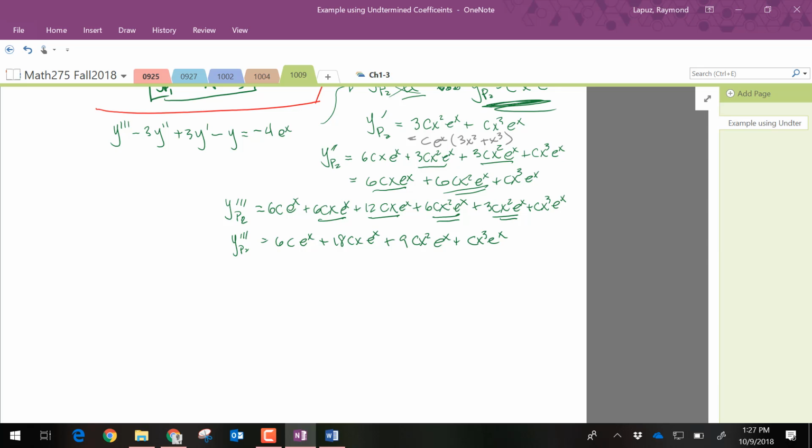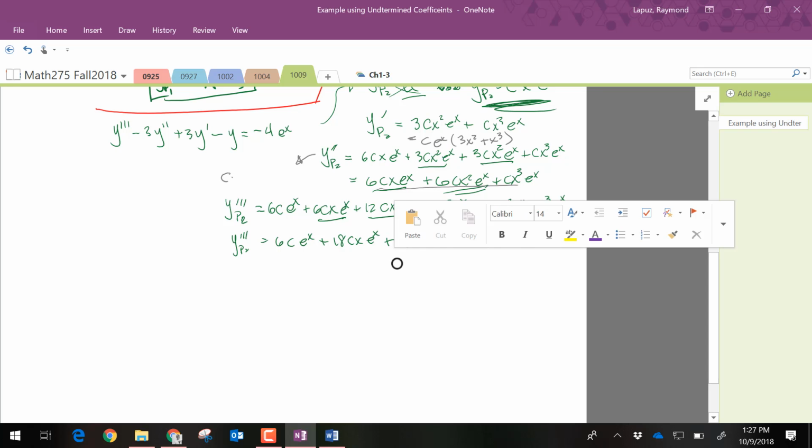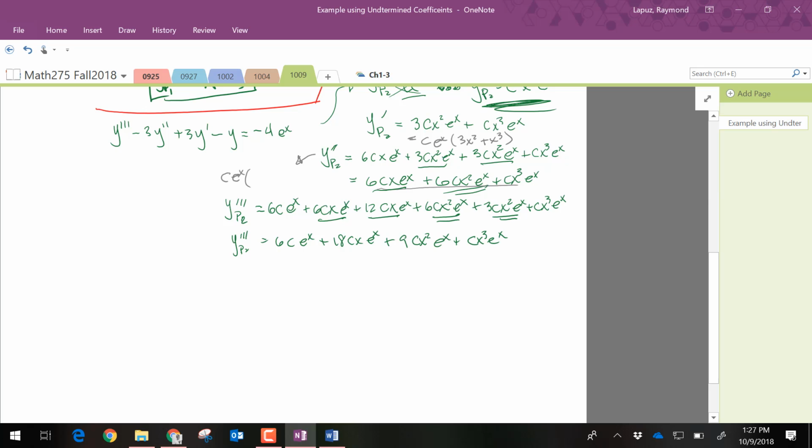The second derivative, this is our second derivative right here. We can factor out a c e to the x again. What do we have left? We have a 6x plus 6x squared plus x cubed.